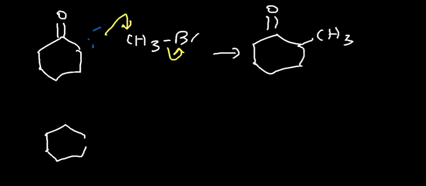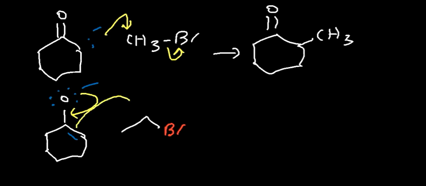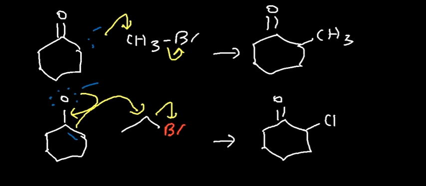We can also use the enolate resonance form to do the same thing. But let's use ethyl bromide instead. So this oxygen is going to form a double bond, causing this double bond to attack the carbon, expelling the bromine atom. But in the end, we have a ketone with an R group, in this case, an ethyl group.